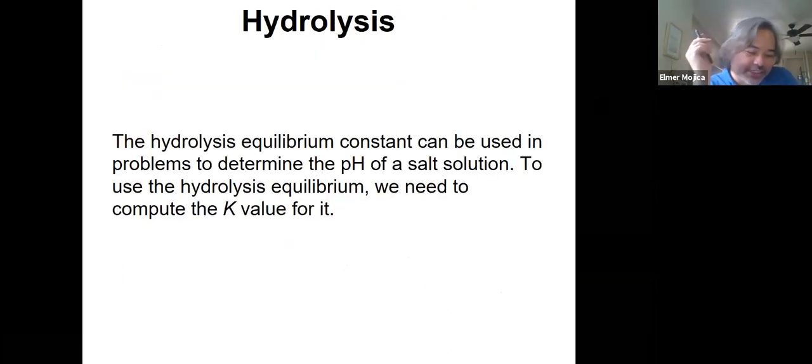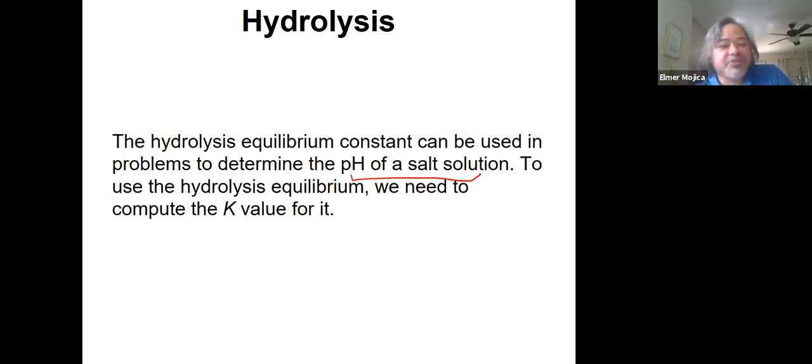So next, we'll talk about hydrolysis. As I told you, hydrolysis is just the reaction with water of the conjugate base of a weak acid or the conjugate acid of a weak base. If you have the hydrolysis equilibrium constant, you can use it in problems to determine the pH of a salt solution. Before, we were just identifying whether the salt solution is acidic, basic, or neutral.